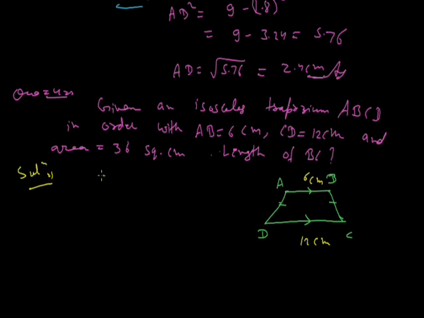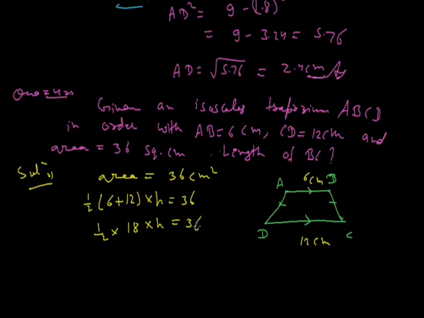Now area is 36 centimeter square. The formula of the area of trapezium is 1/2 sum of parallel sides into height h, which is 1/2 into 6 plus 12 into h is equals to 36. 6 plus 12 is 18 into h is equals to 36.